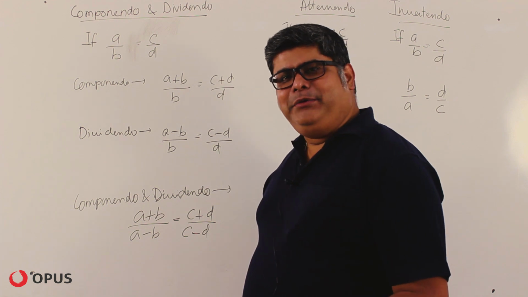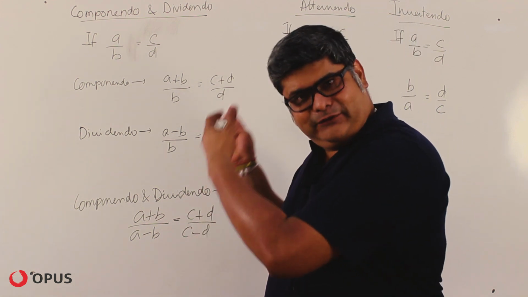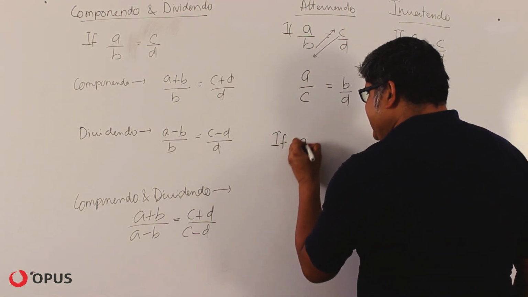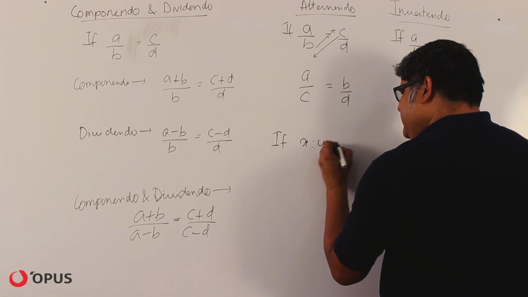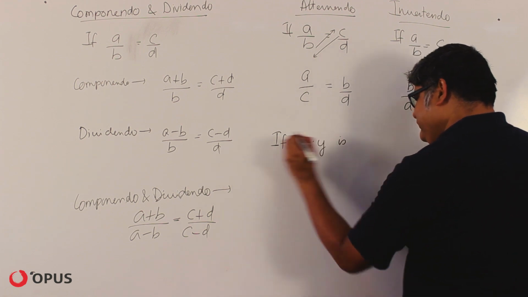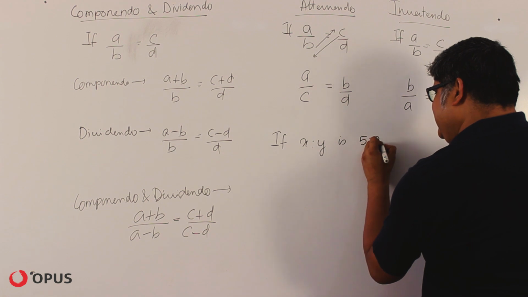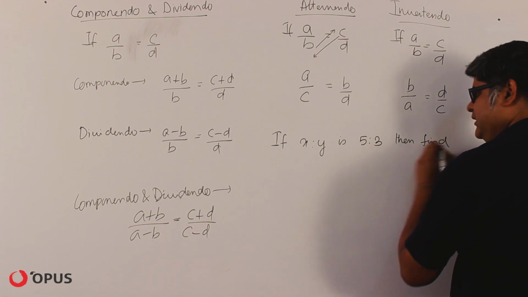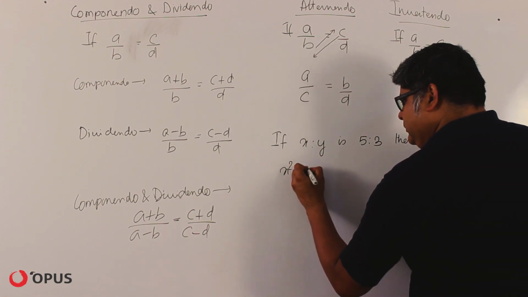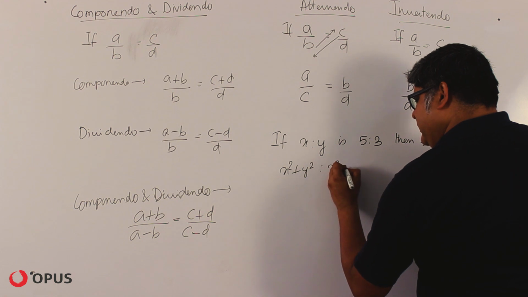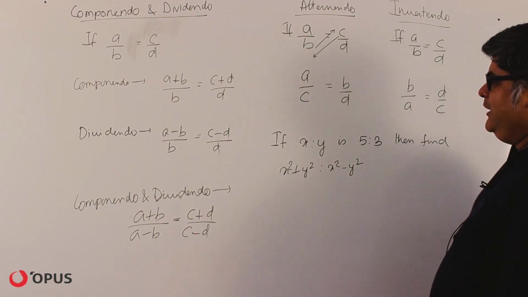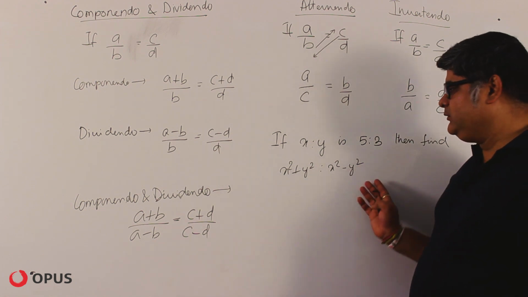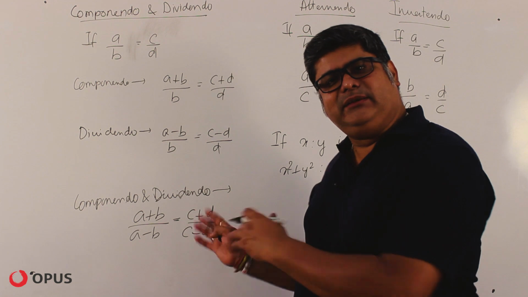Say, for example, you could get a question that if x is to y is 5 is to 3, then find x square plus y square is to x square minus y square. So how do we address a question like this?